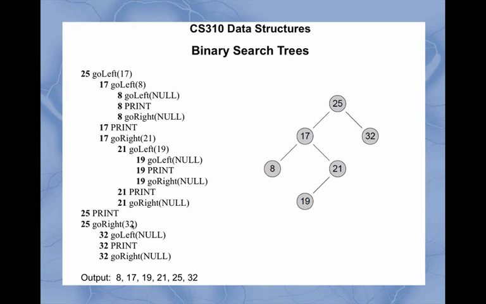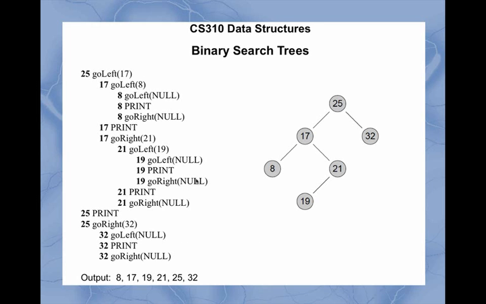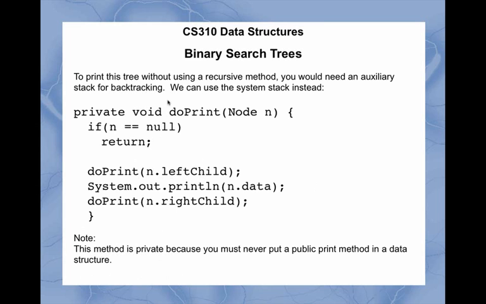Well, of course, what happens when we go left here? When we go left, it's not null. So in essence, when we do print in dot left, we enter it first with the 25. So we enter this with the 25, and we do print in dot left, and that's a 17.